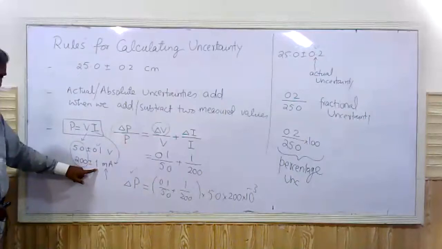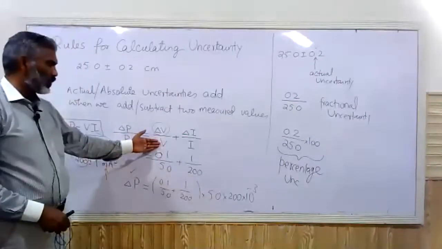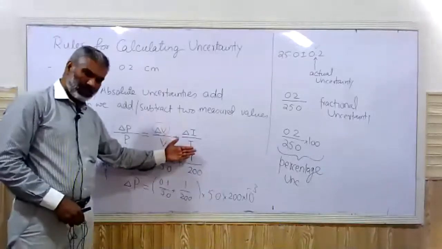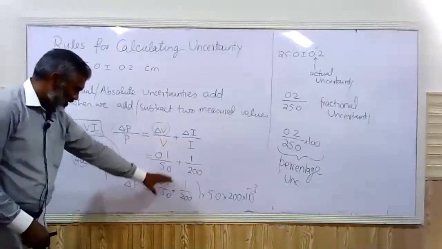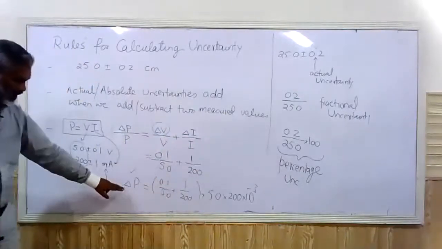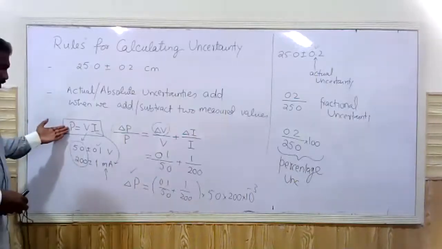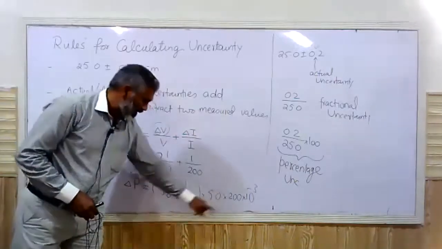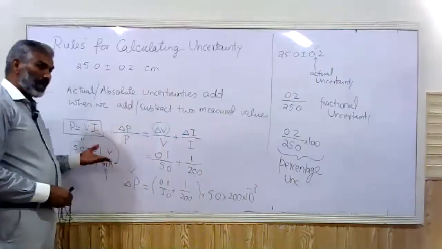So fractional uncertainty in P should be equal to fractional uncertainties in V plus fractional uncertainty in I. So I use these numbers here and then work out the uncertainty in the value of power. So now I know what is the value of P because I know this number, and I know the uncertainty in P, that means delta P.